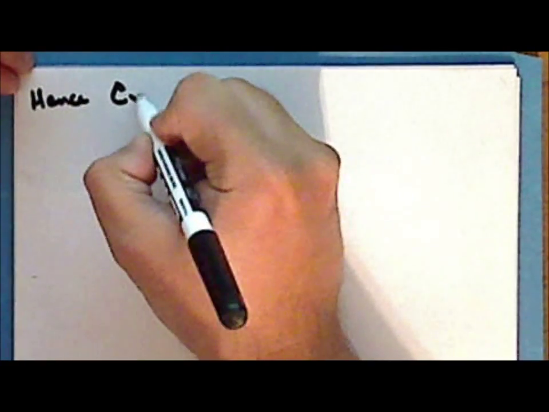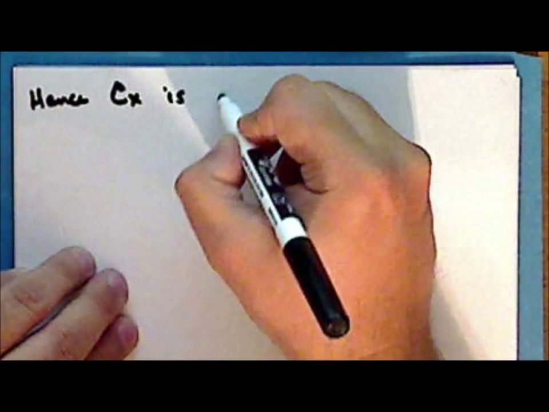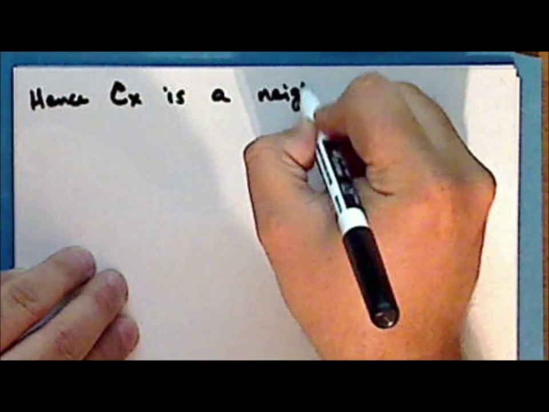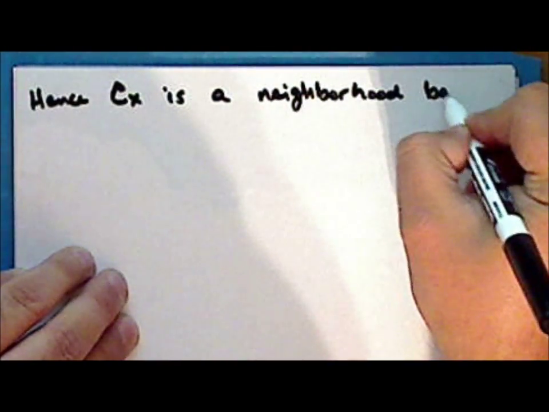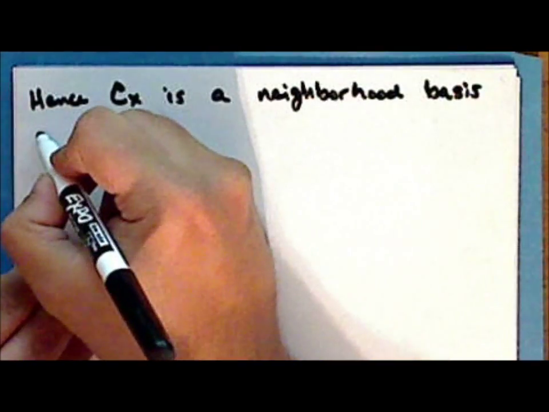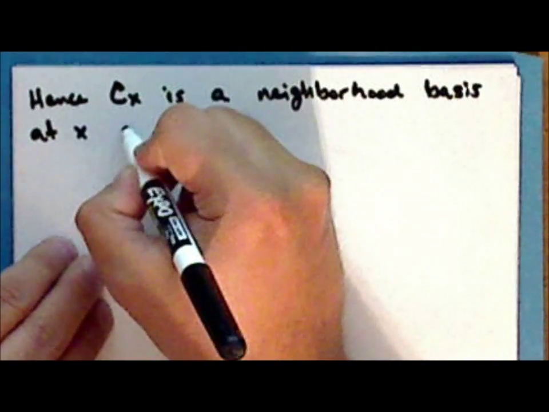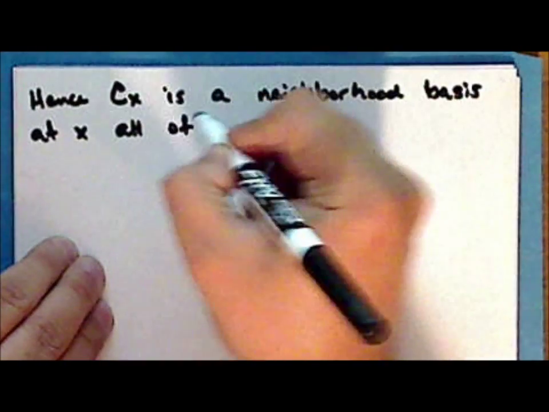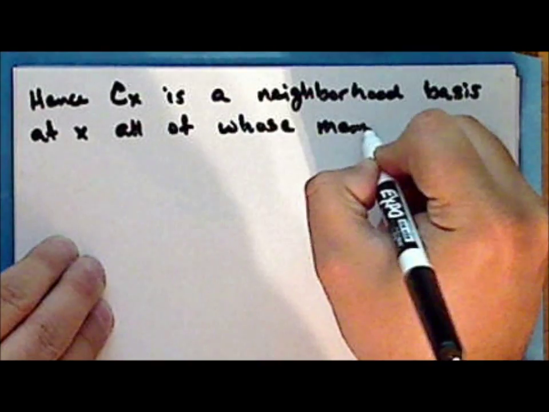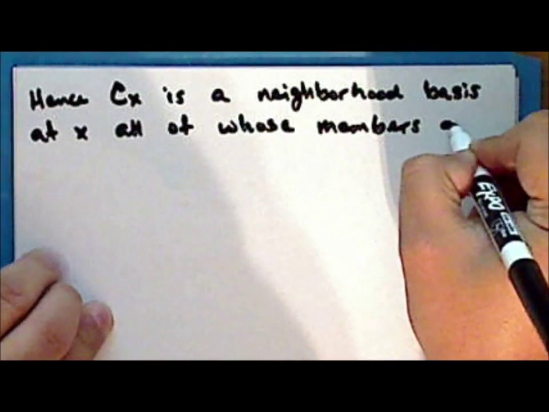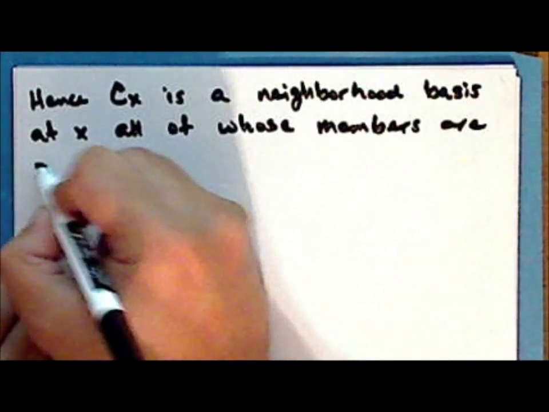And hence the collection script C sub x is a neighborhood basis at the point x, all of whose members are open sets.